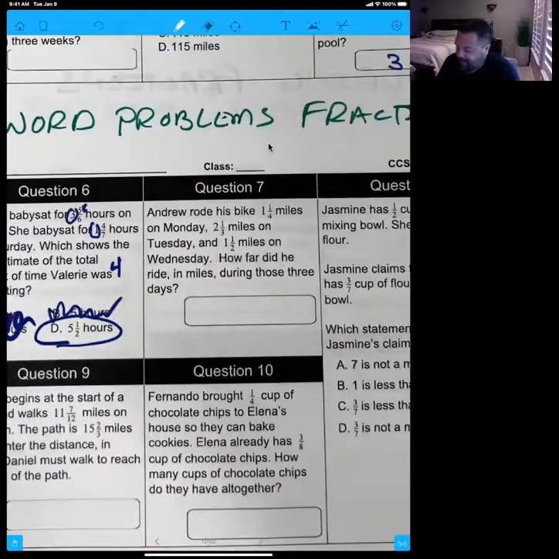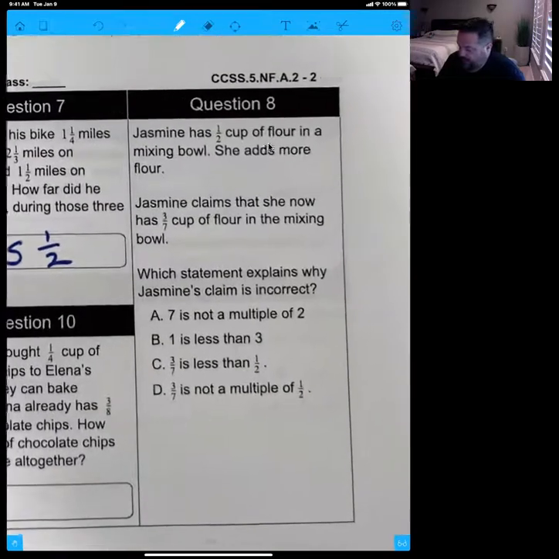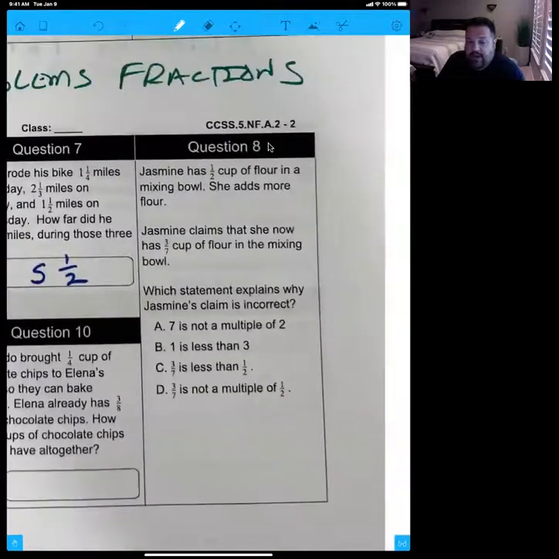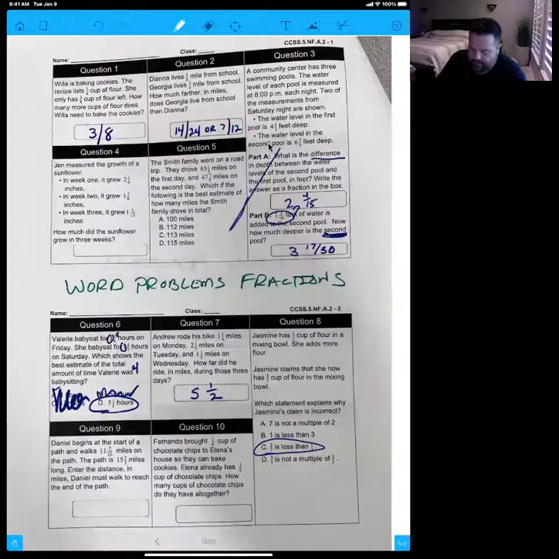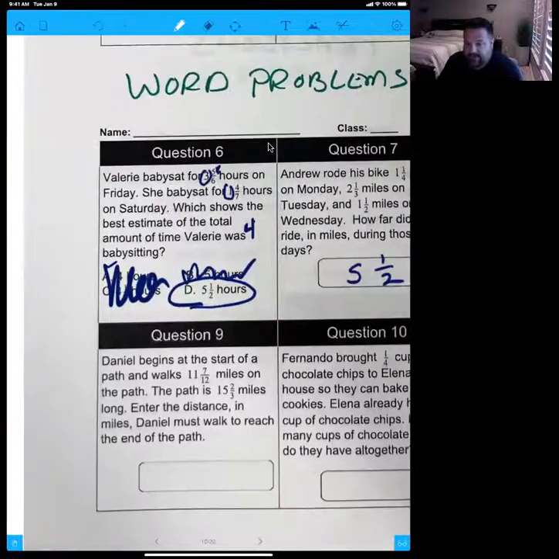Look at number 7. You should have gotten 5.5. Remember, if I don't give a good explanation and you can't figure out why it was the answer, write down the page and the number. We're on page 10, and that's number 7. Go ahead and pause the video, do number 8. You should have gotten C. Pause the video, do number 9.